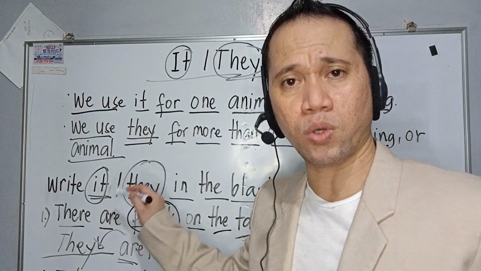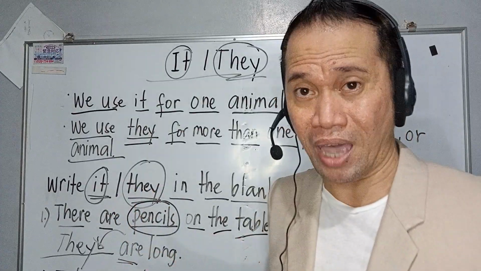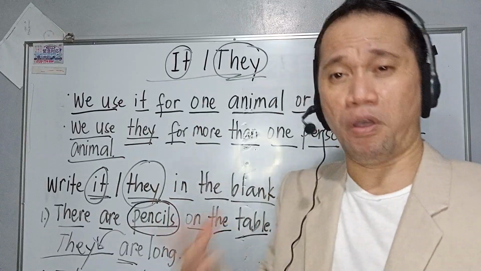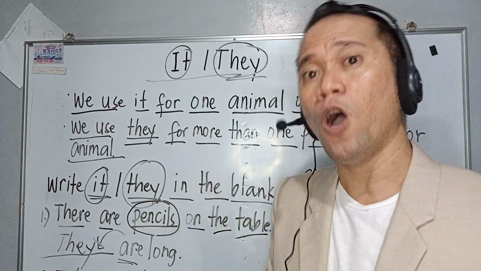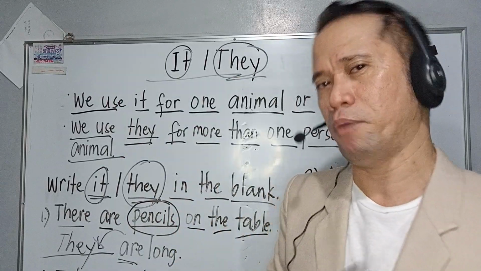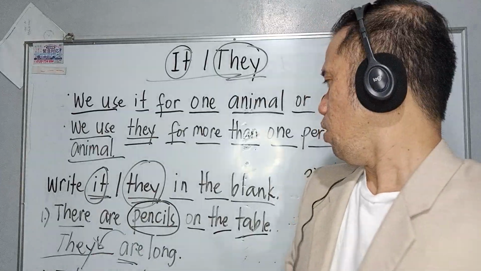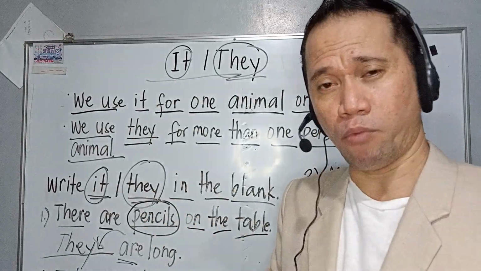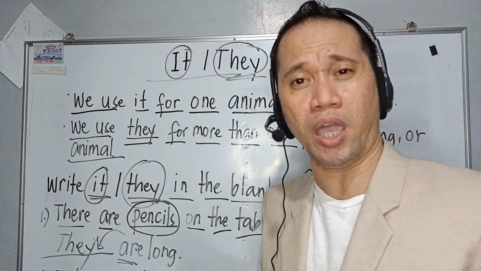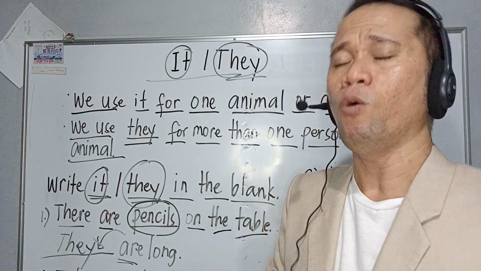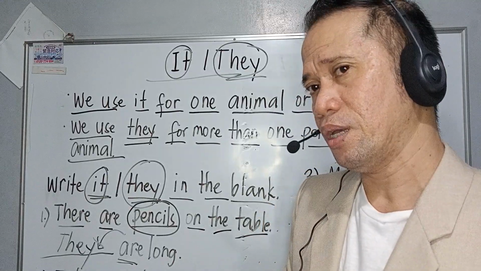We don't want to choose "it", because we use "it" to refer to only one thing or only one animal, whereas "they" refers to more than one person, thing, or animal.